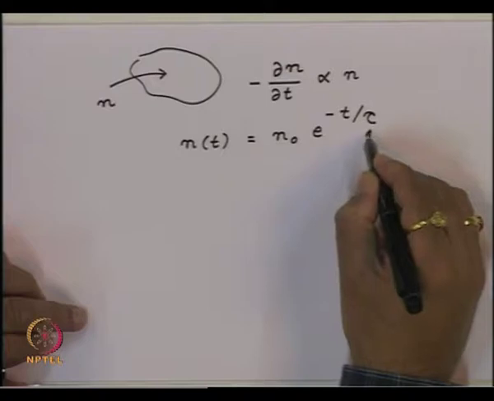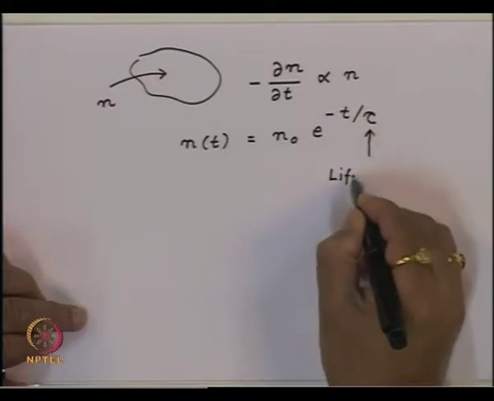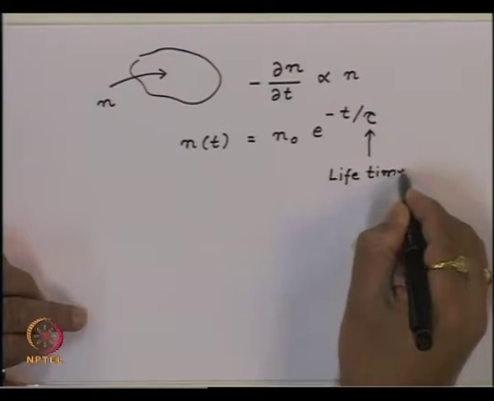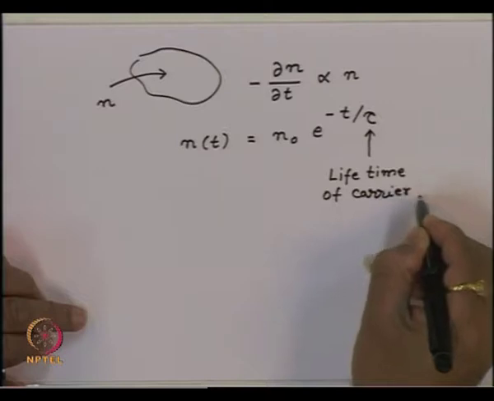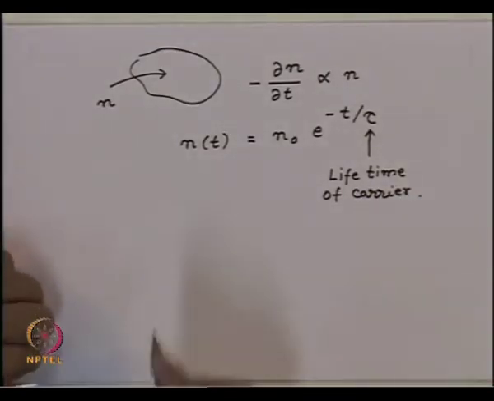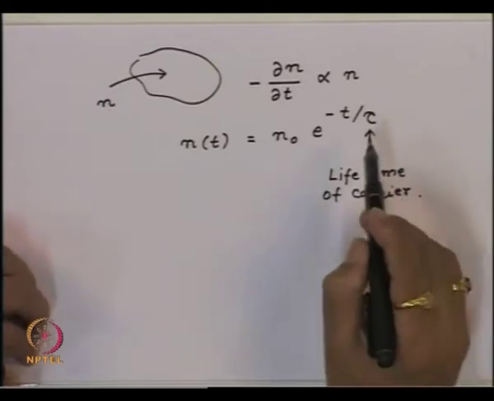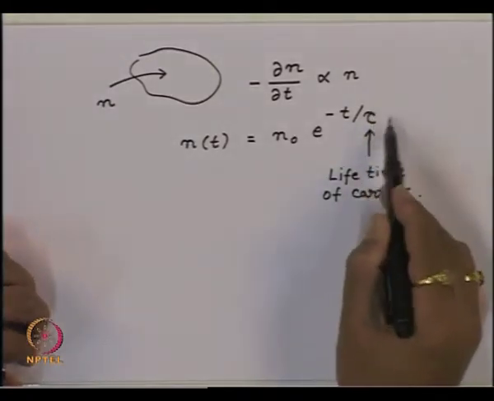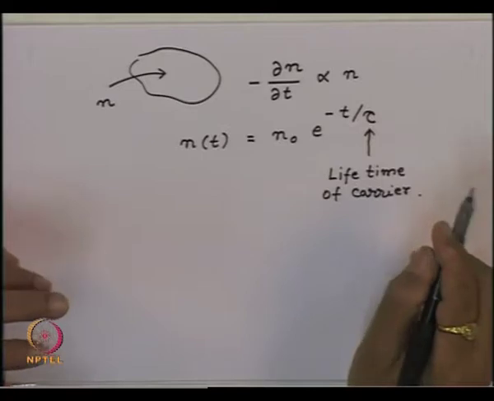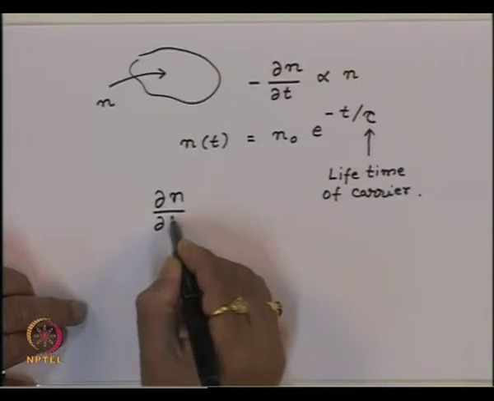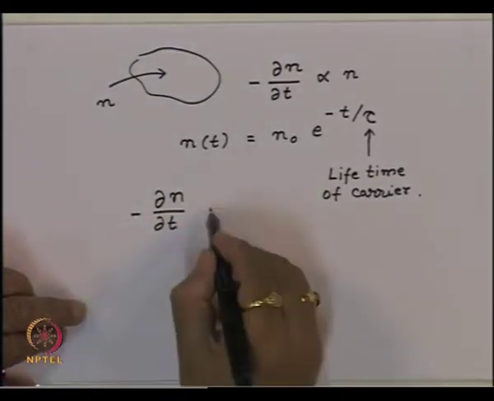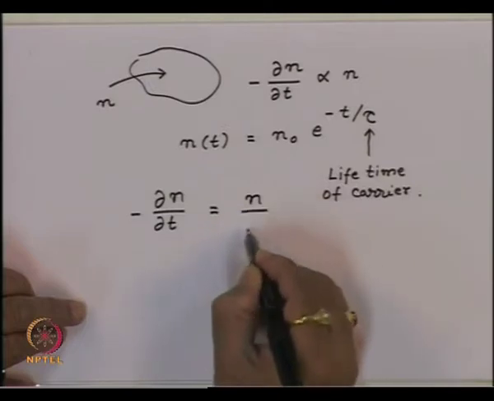So, this quantity is the lifetime of carrier. So, essentially the recombination process can now be characterized by this parameter tau, which is the lifetime of a carrier against recombination. From here we can also see that minus dN by dt is equal to n by tau.